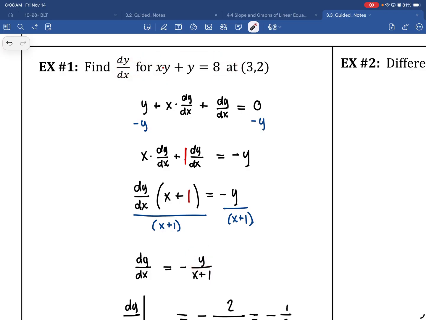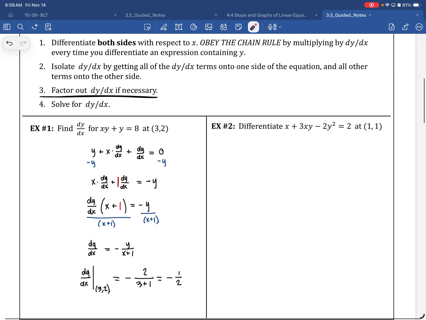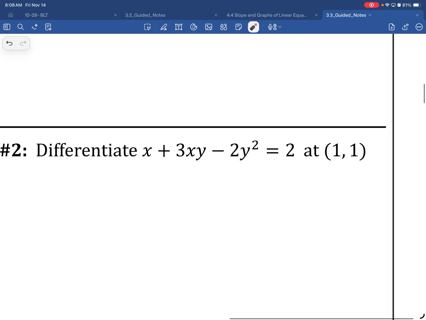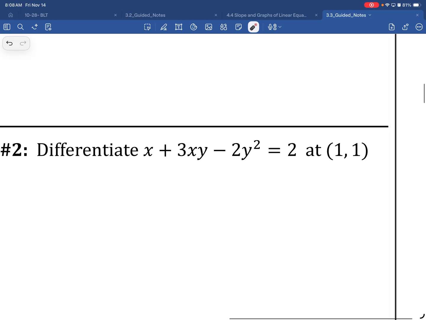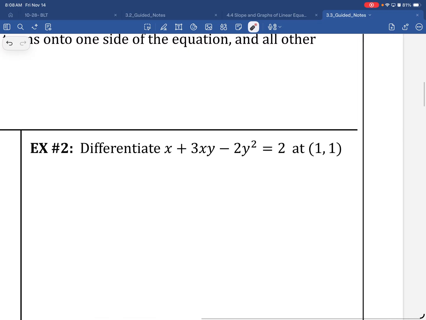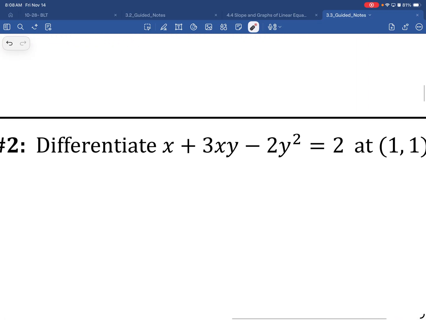Think about it. Could I factor a y out of both of these? And then how many y's would I have in the problem? I could solve for that y and then put whatever I got right there. Roger that? Now, if I do this problem, it's not going to be an option for me to solve for y and then do a replacement, because that's going to be extremely difficult to solve for y, right?